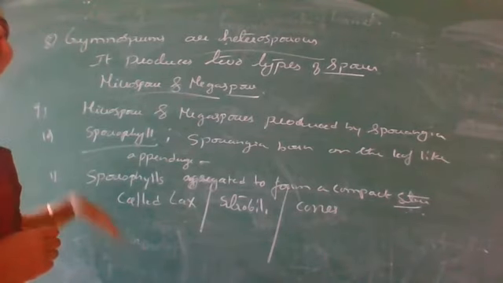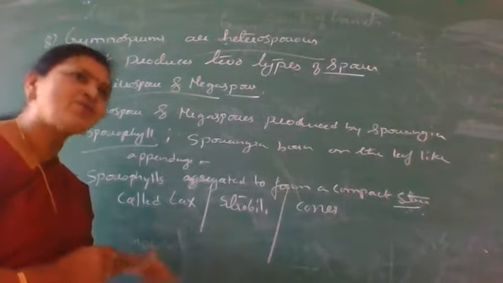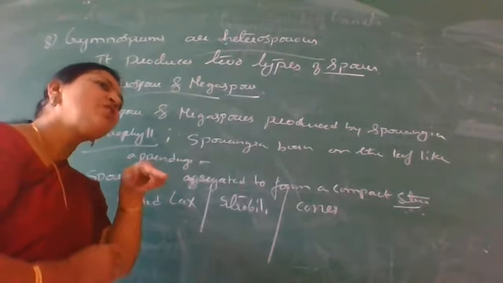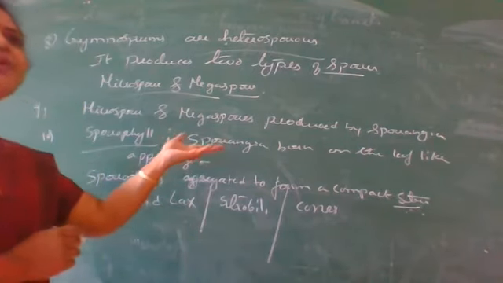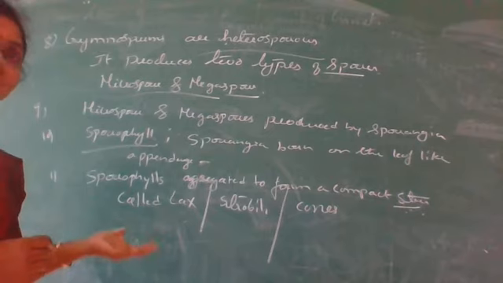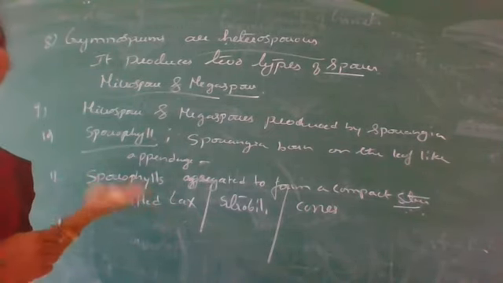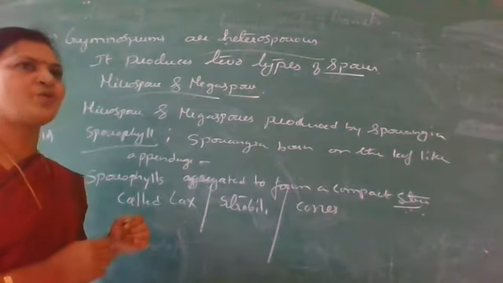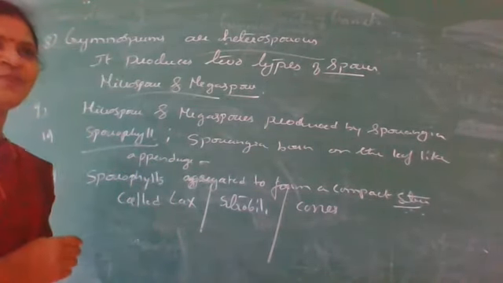Now, male cones have which sporophylls? Microsporophylls. Microsporophyll contains what? Microsporangia. Microsporangia produce what? Microspores. Then female strobilus, that is female cones, have spirally arranged megasporophylls. Megasporophyll contains megasporangium.